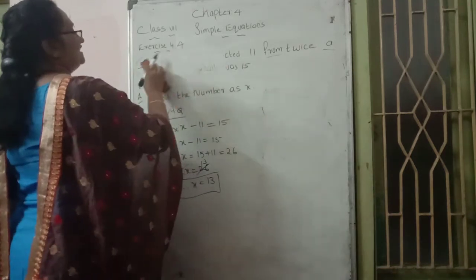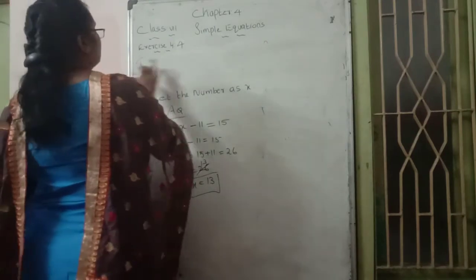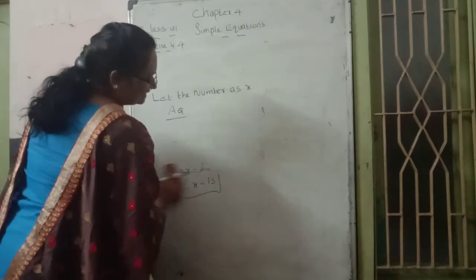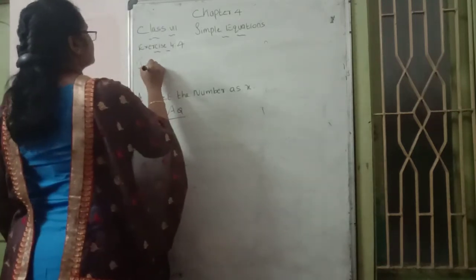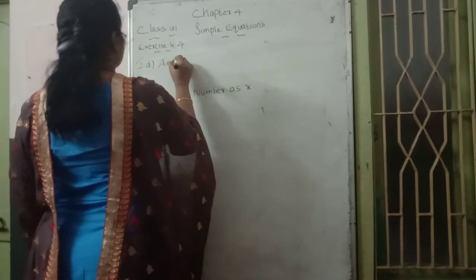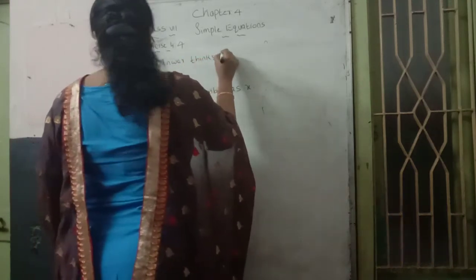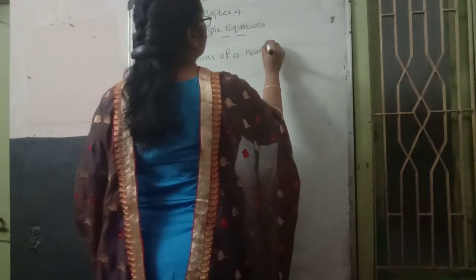One more question, D question. In the D question they have given: Anwar thinks of a number. Anwar thinks of a number and one boy thinks of a number. So we can write it as: Anwar thinks of a number. In this way they have given the question.